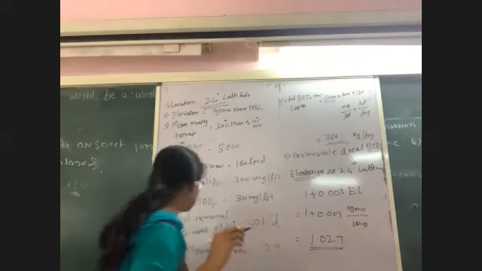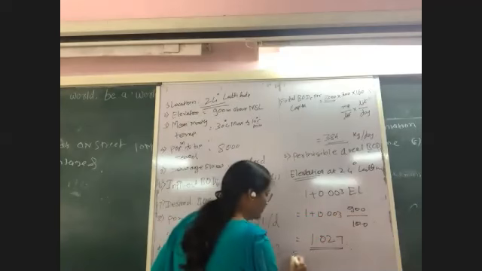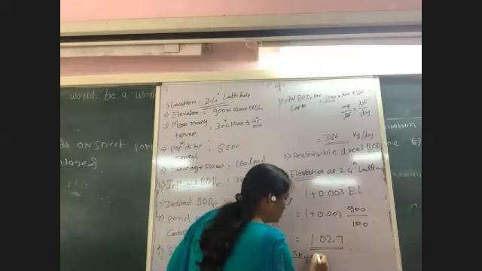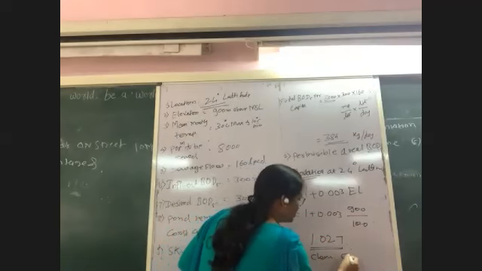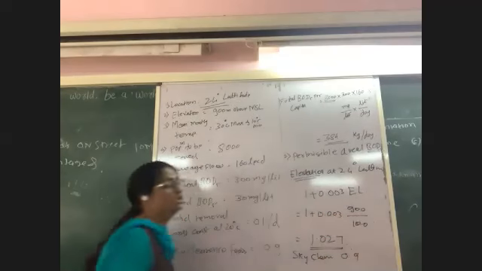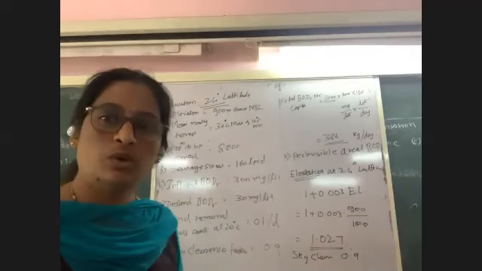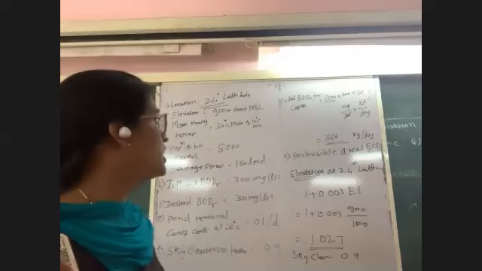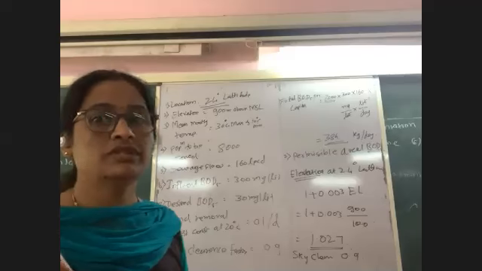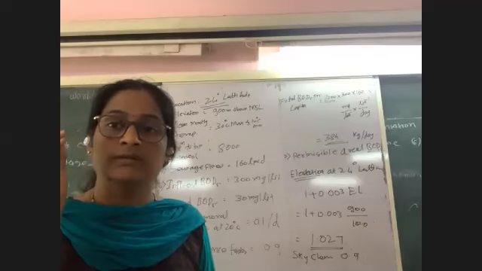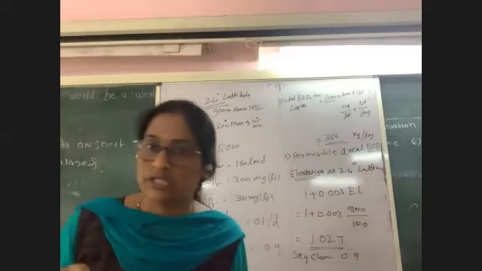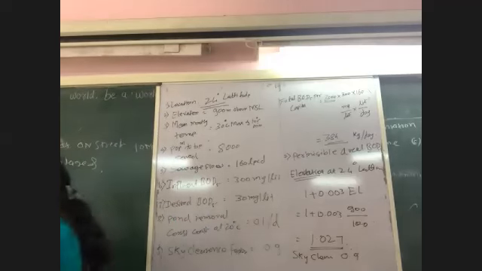And the sky clearance factor is already given to you. It is 0.9. Now I request you all to go back and check what is the BOD loading for 24-degree latitude. Check in the chart.